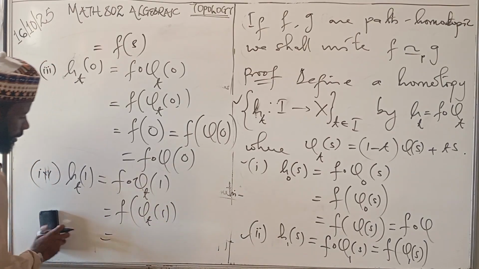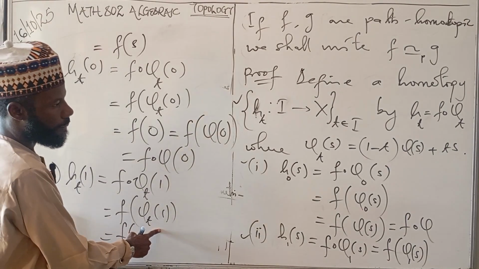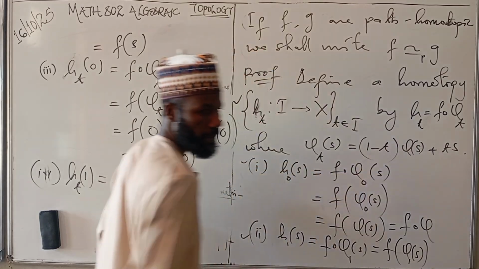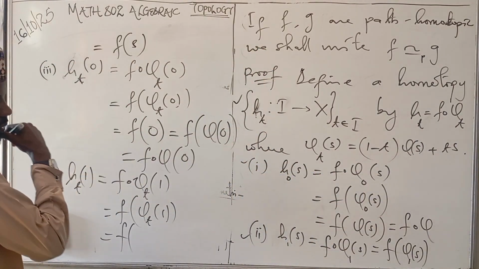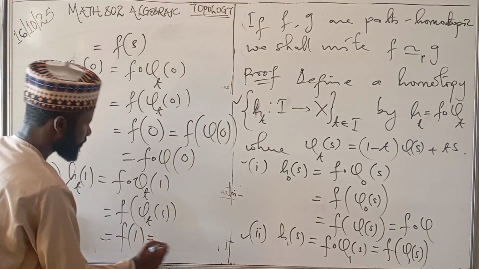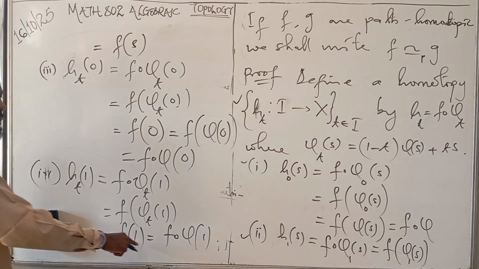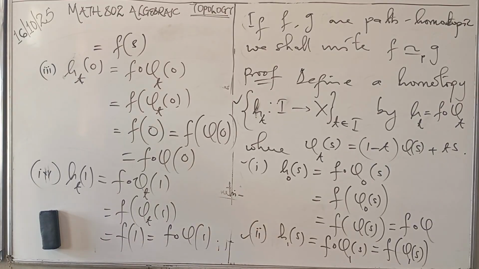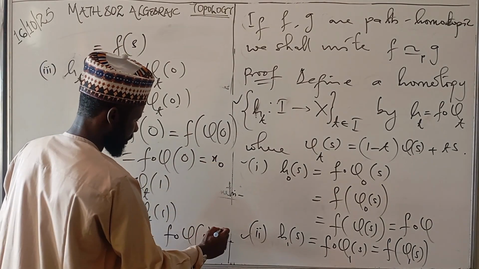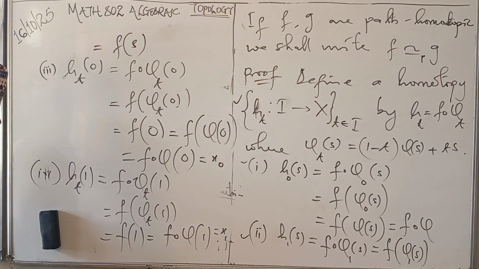But the way we define pi t, pi of 1 is 1, and then s is 1 over there. So actually we get F of 1, and that will still be F composite pi of 1, because pi of 1 is still 1. So this is like your initial point x0, and that is your terminal point x1, in the space.